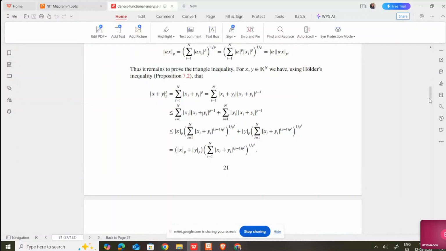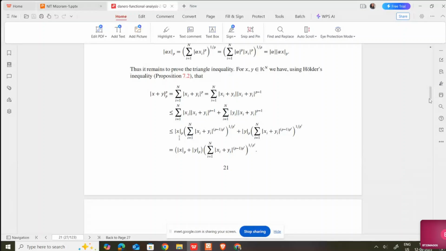Now apply Hölder's inequality. So you have x_i here, summation i equal to 1 to n. This is the norm of x_p, whatever I have, into the summation of whatever that stuff is, raised to 1 by p. This is where you use Hölder's inequality. Do the same thing here.